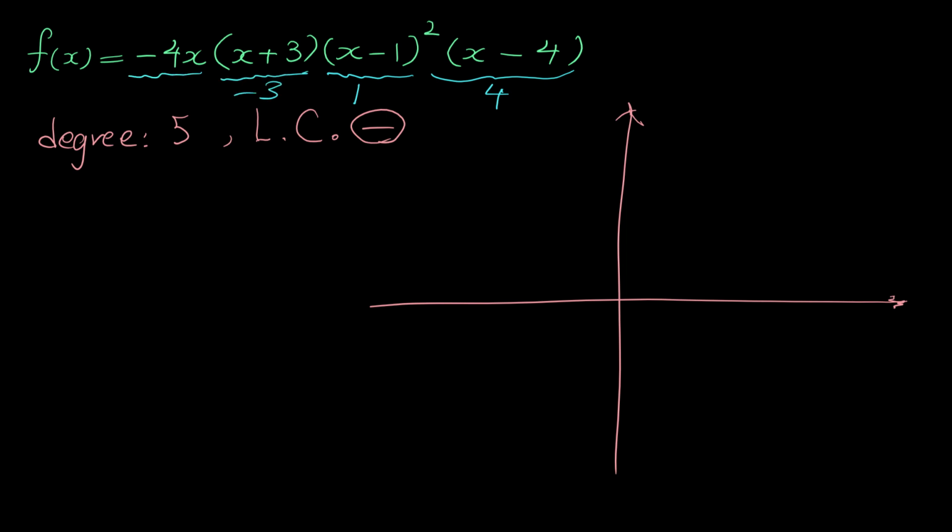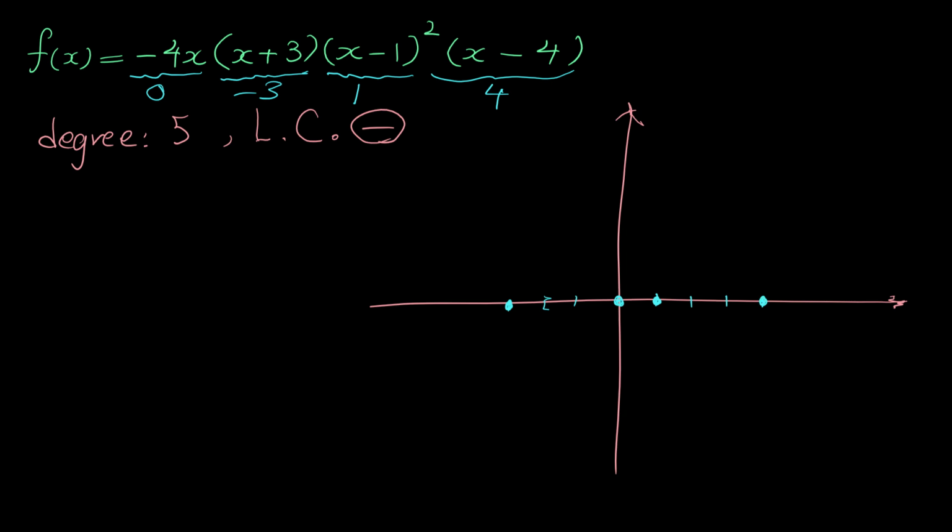And by setting negative 4x equal to 0, x is 0 over negative 4, or x is 0. So the x-intercepts are negative 3, 0, then we have 1 as another x-intercept, and 4 is somewhere here.